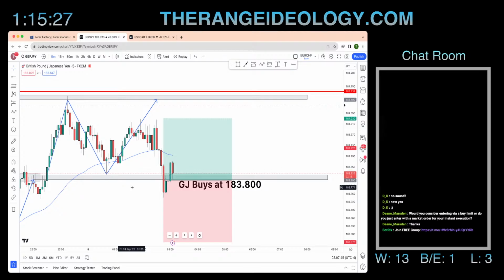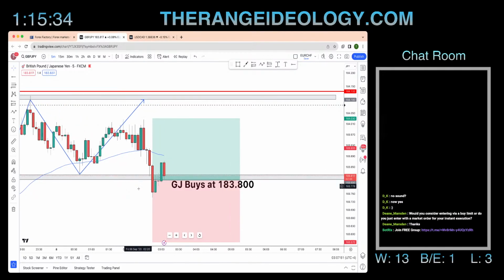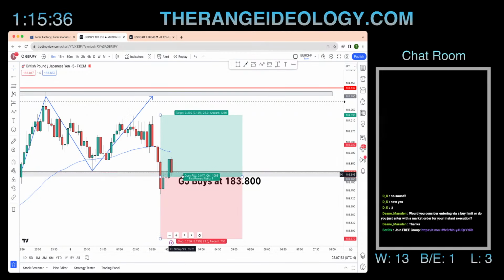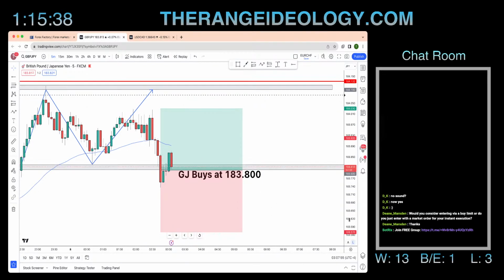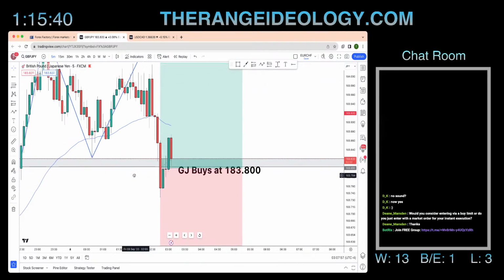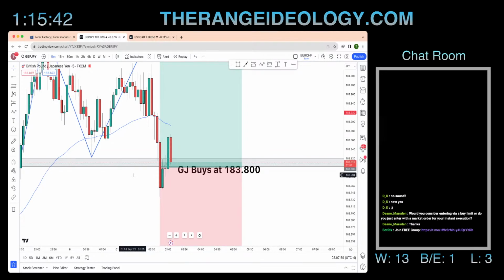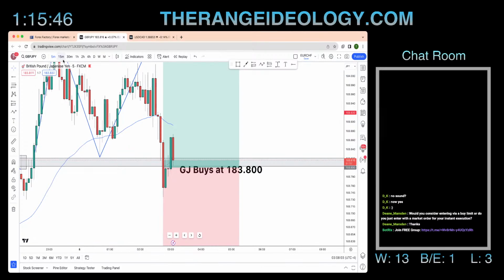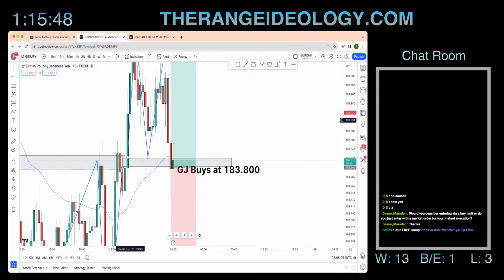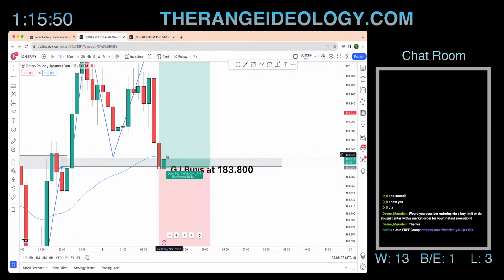But still active in this trade, and GJ is just trying to get right back to our entry once again in the same 5-minute candle, right? So the current candle. Now it'll be interesting to see how the 15-minute candle closes here. You can see that it appears to be a rejection of the EMA here.